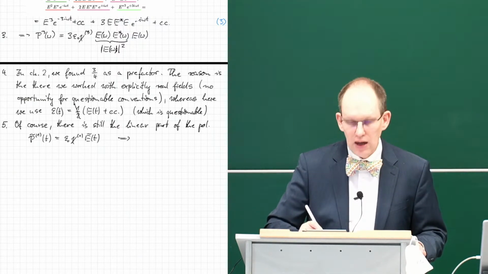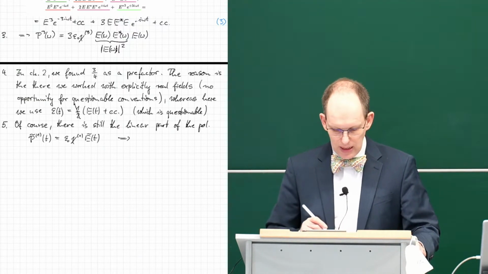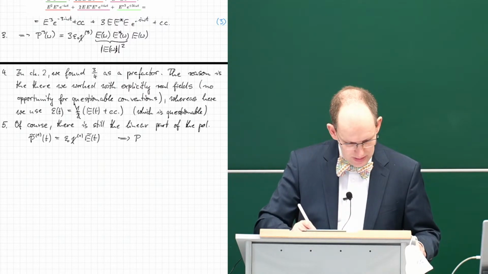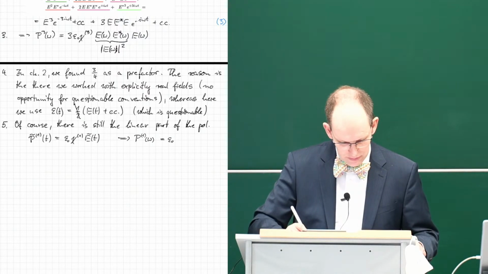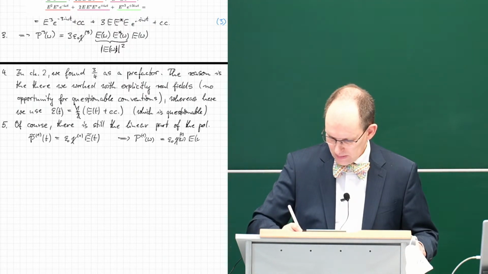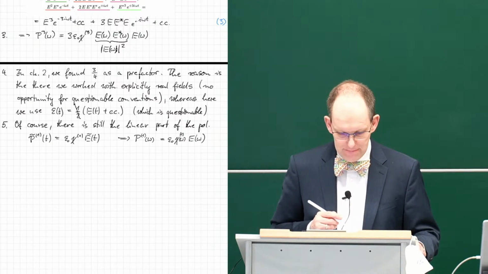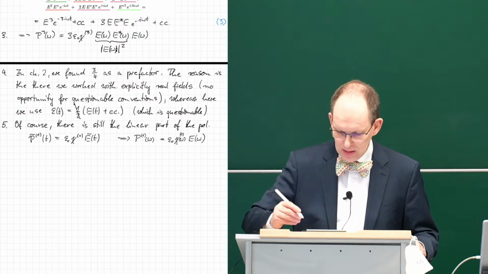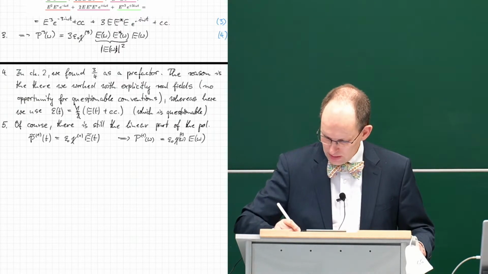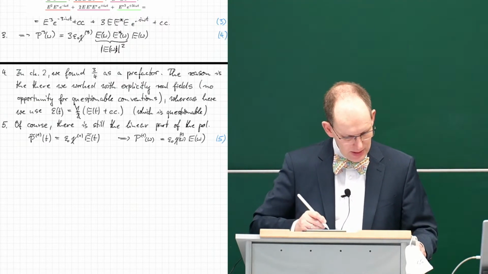And if we now assume monochromatic radiation, as we did all the time here, then we find the same expression in frequency domain. So that's equation 4, and this here is equation 5.